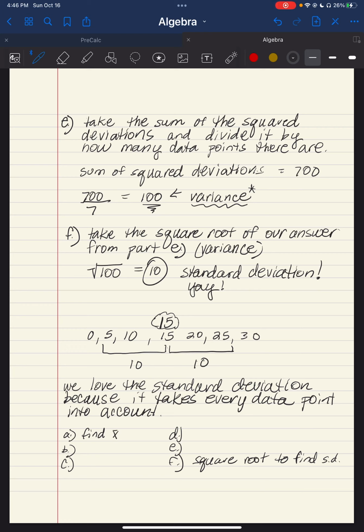Step B was what? Find the deviations. Step C was square the deviations. Step D was sum the squared deviations.